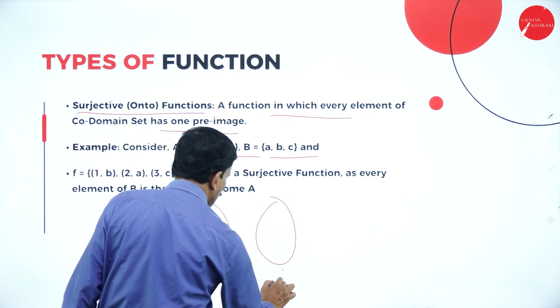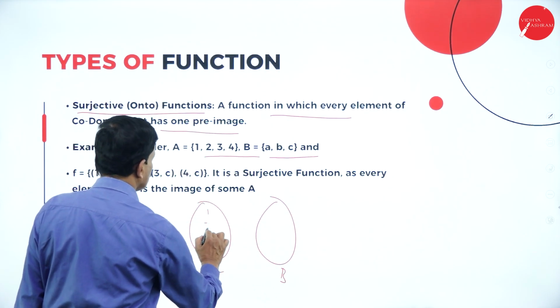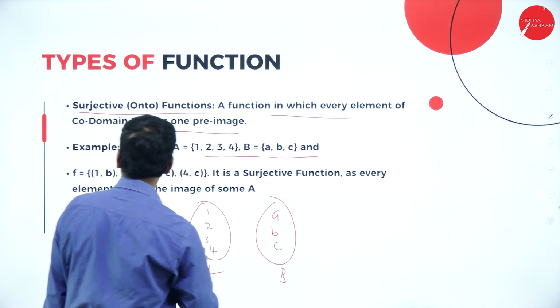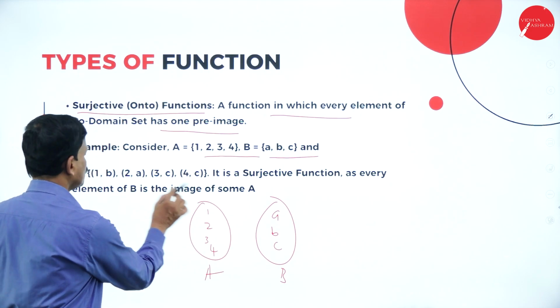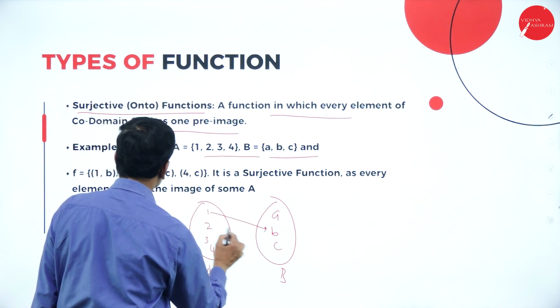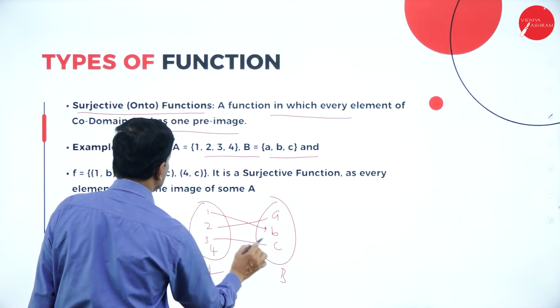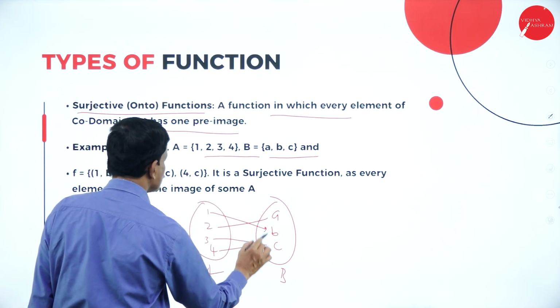What are the elements of A? A contains 1, 2, 3, 4 and B contains a, b, c, and we define the function. So, the mapping is 1 to b, 2 to a, 3 to c, and again 4 to c.